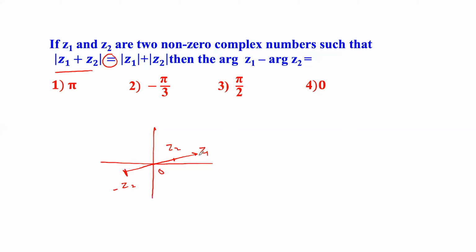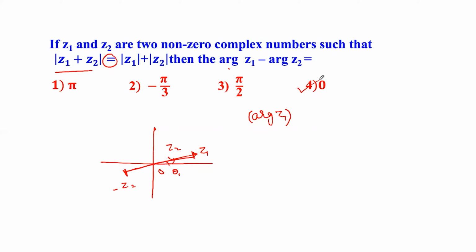So the length of this will be mod of Z1 plus Z2, and this is mod Z1 and this is mod Z2. The argument of Z1 means the angle of Z1; let this be theta. The argument of Z2 is again theta. Both are the same, so the angle between both will be 0. See the graph carefully. One of the simplest ways to find this.